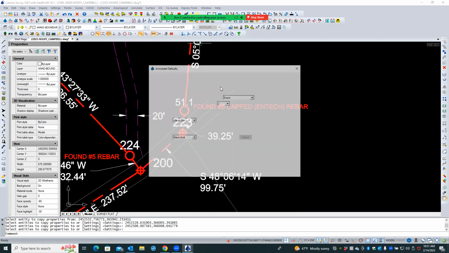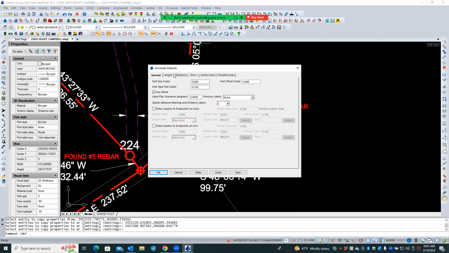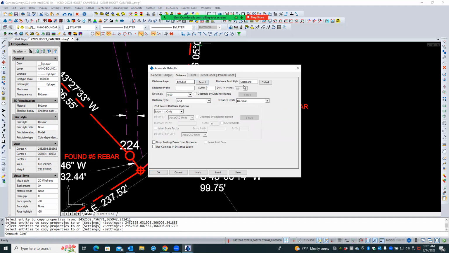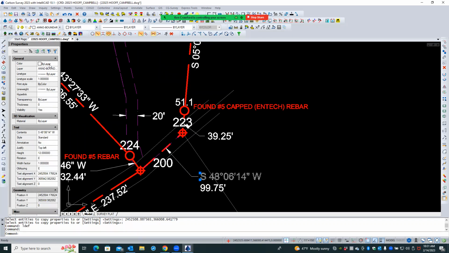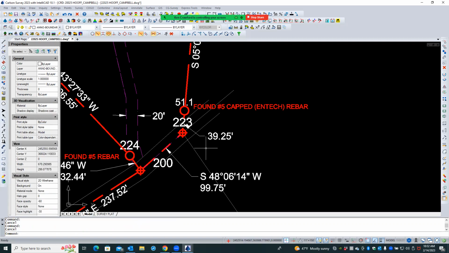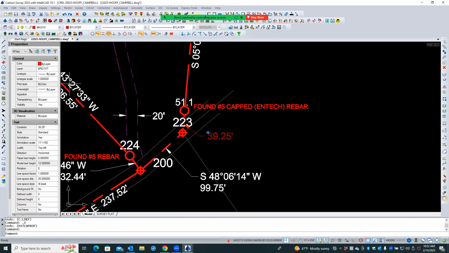Okay, right here. I think, let's see what layer this is. That's anno boundary. Whereas before... Yeah, see, it's bearing text.